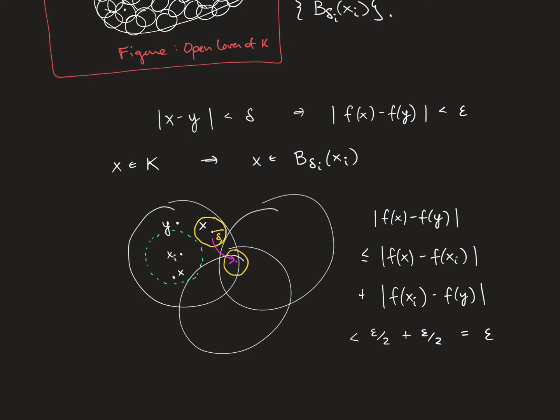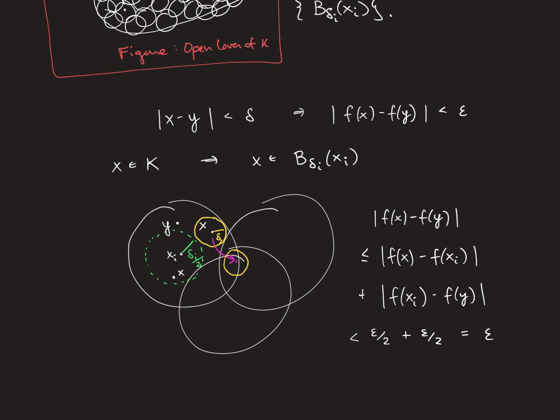So in particular, I can take my delta to be basically anything less than half of this big delta sub i radius. So the radius on this green ball here will be delta sub i over 2, and then my delta around x, as long as that's less than delta sub i over 2, that'll be fine, right?